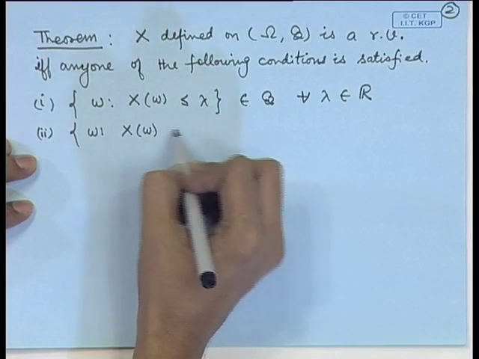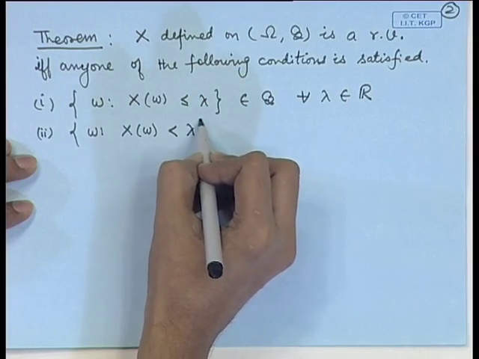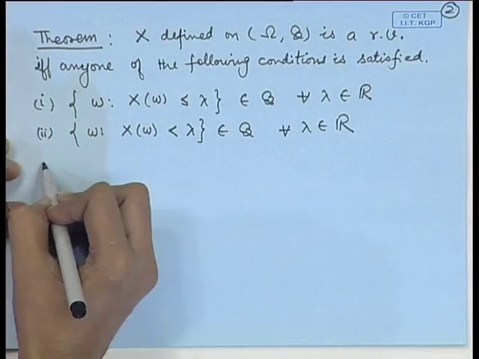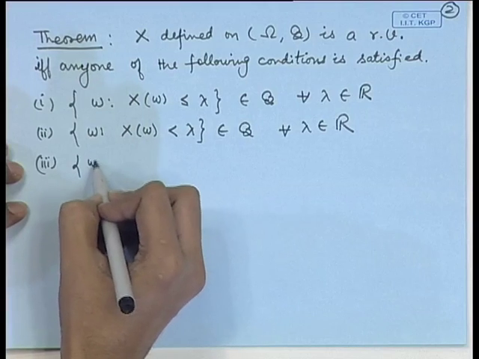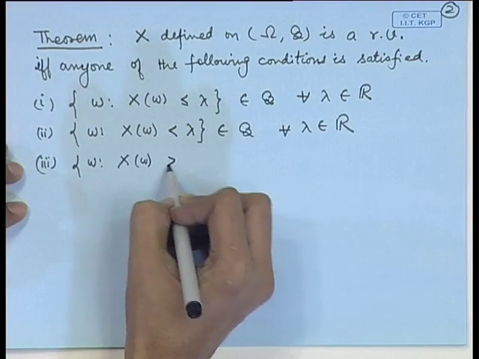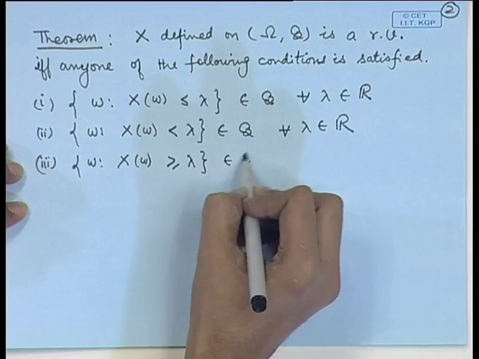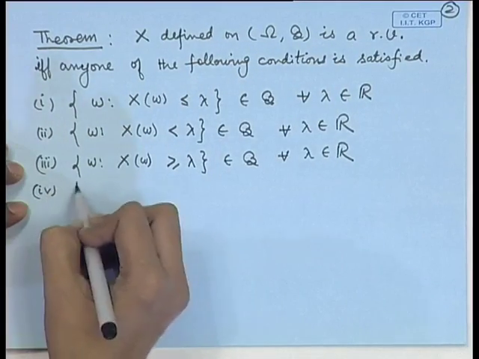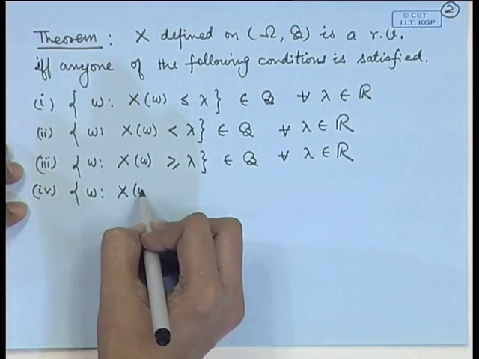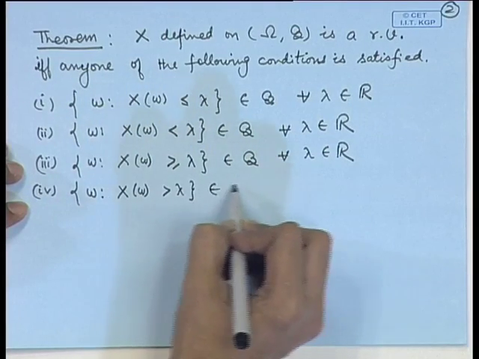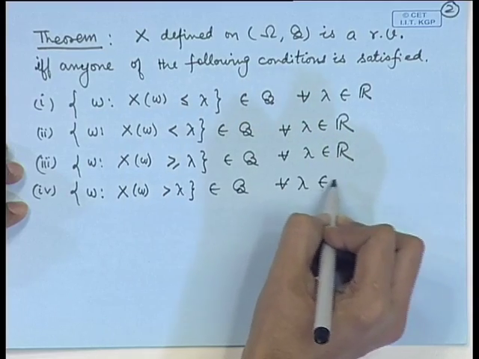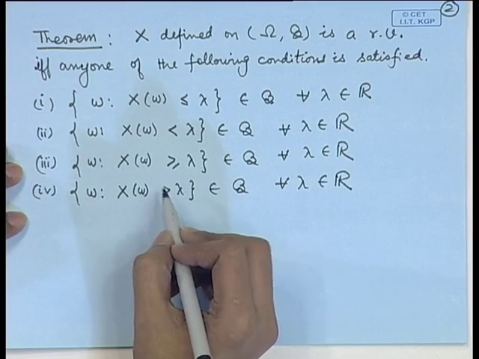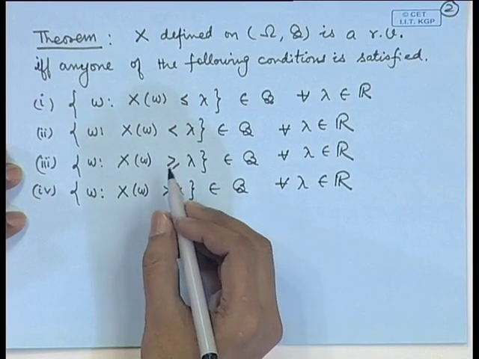The set of all those sample points such that X(omega) is strictly less than lambda belongs to B. The set of all those points such that X(omega) is greater than or equal to lambda belongs to B for all lambda belonging to R. The set of all those omegas such that X(omega) is strictly greater than lambda belongs to B. So, if any of these conditions is satisfied, then X is a measurable function and therefore, it is a random variable.